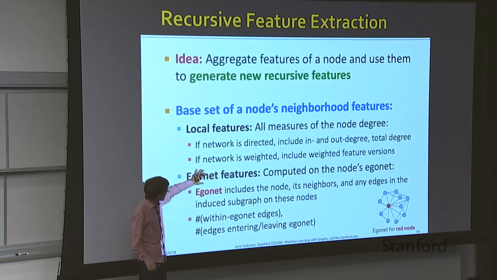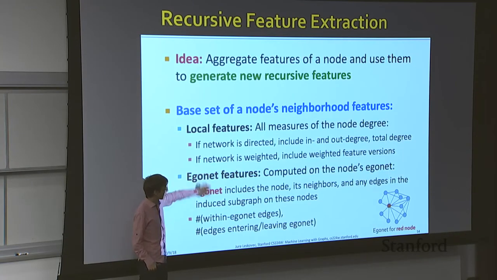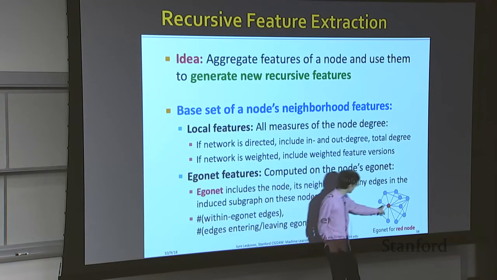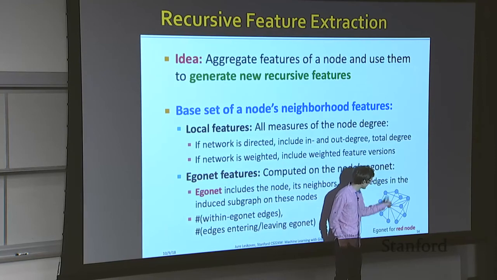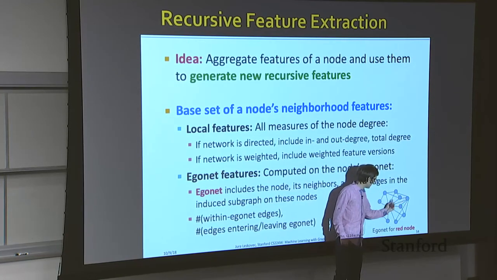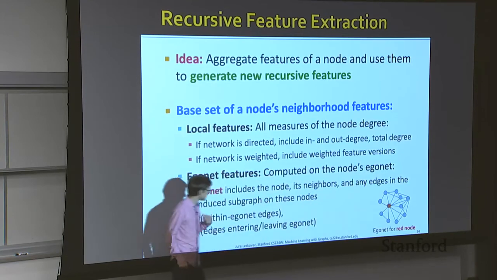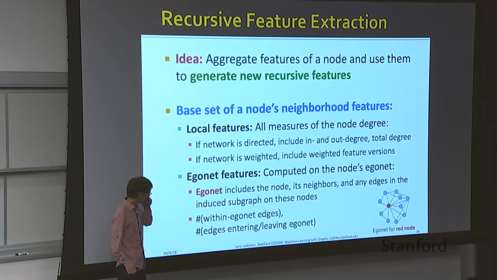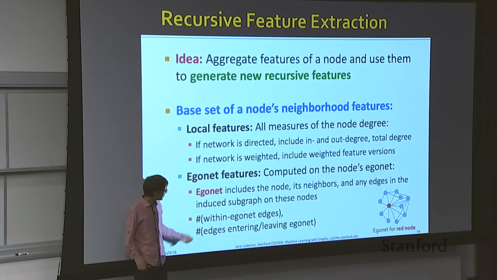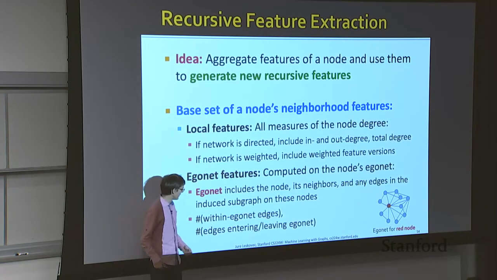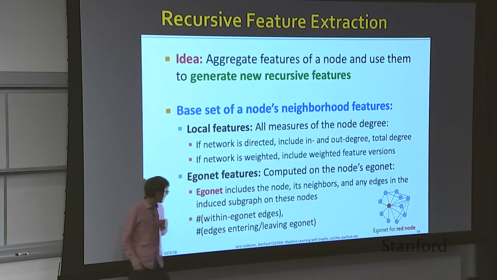Then I will also create the ego network features, where I'm not just taking the node and the edges it has, but I'm also taking the edges between the neighbors or friends of a given node. This is called an ego network. And then I can, for example, compute new features, such as the number of edges that go between the friends, the within-ego-network edges.